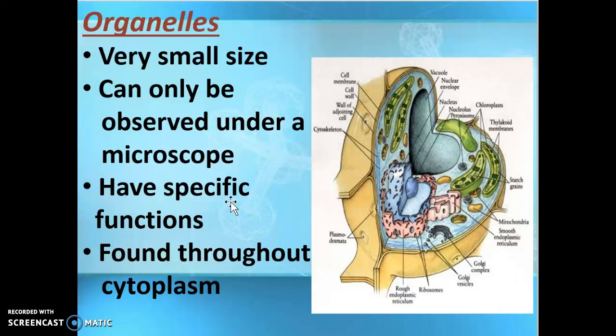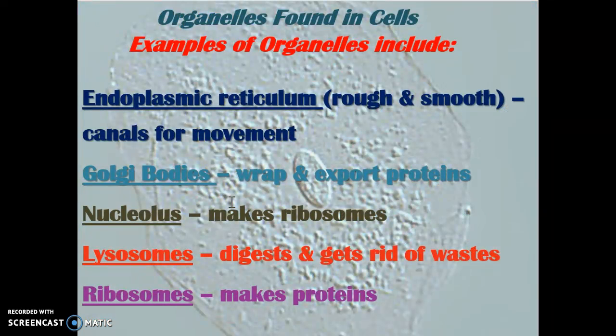So the organelles are very small. You can only see them under a microscope, and they all have their separate functions like the organs in your body. So the endoplasmic reticulum, endo means inside, plasmic, plasma. Reticulum is folded. So you've got these folded canals for movement. You got your Golgi body, which wraps and exports proteins. It modifies it.